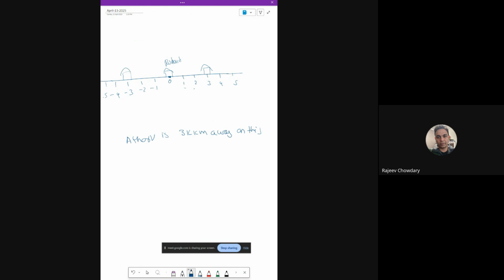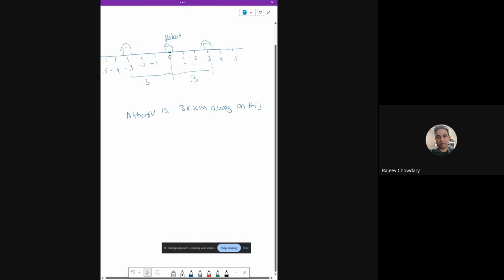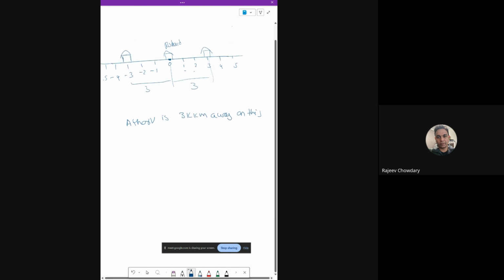But I said 3 kilometers distance, right? So here the distance is 3, whether it's on this side or this side, the distance is 3. It doesn't matter whether the house is on -3 or on +3, the distance is 3.